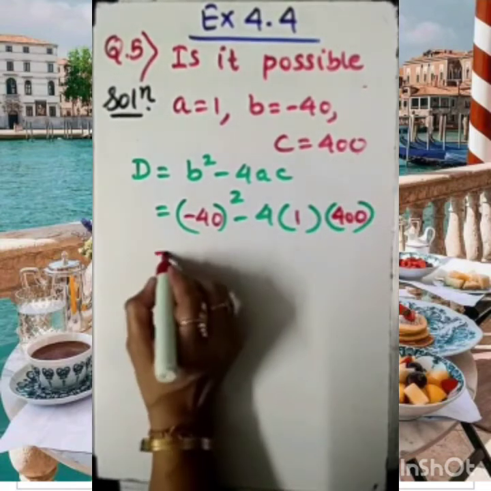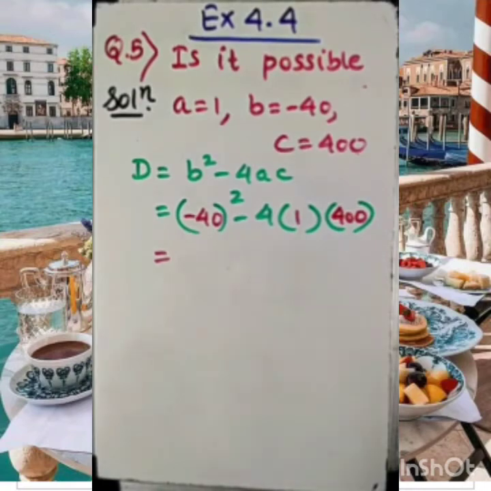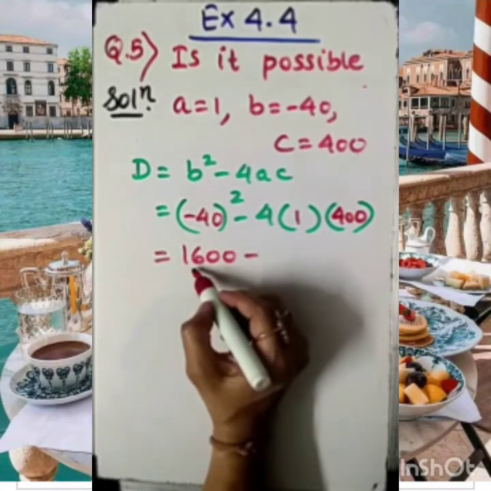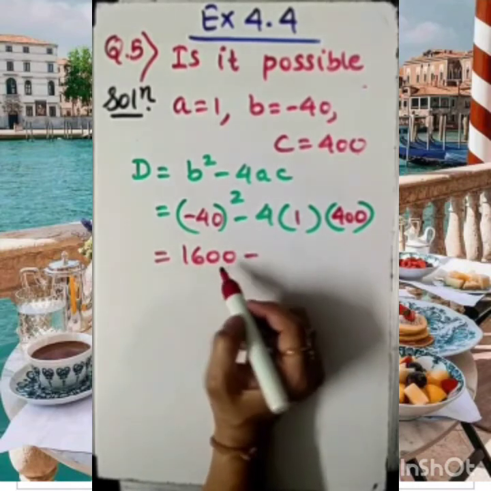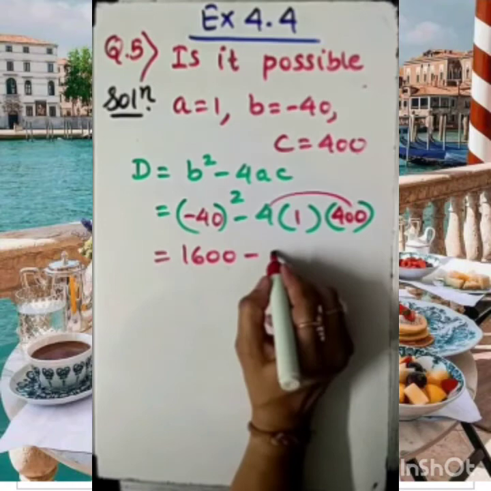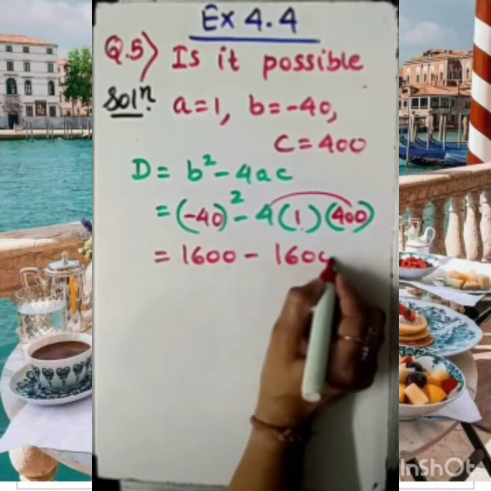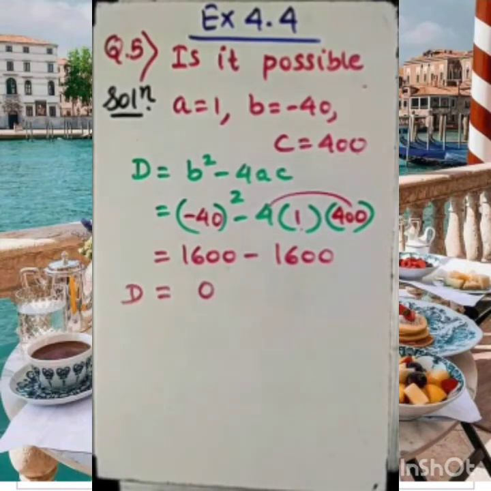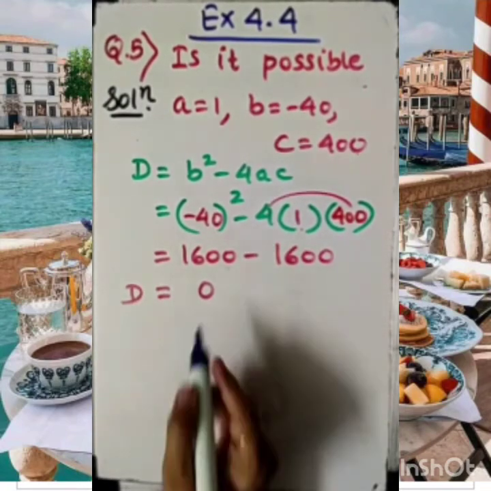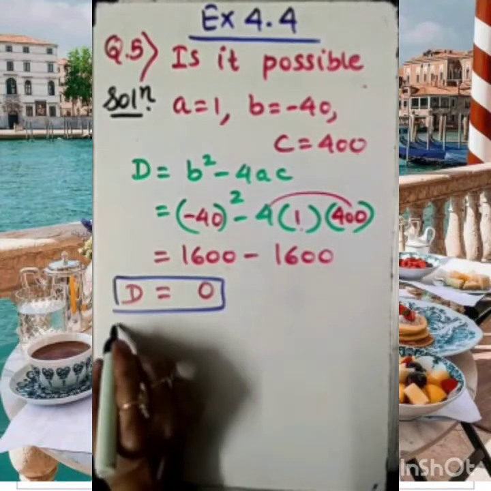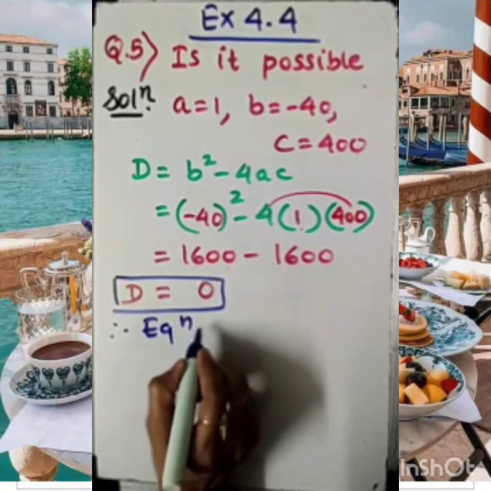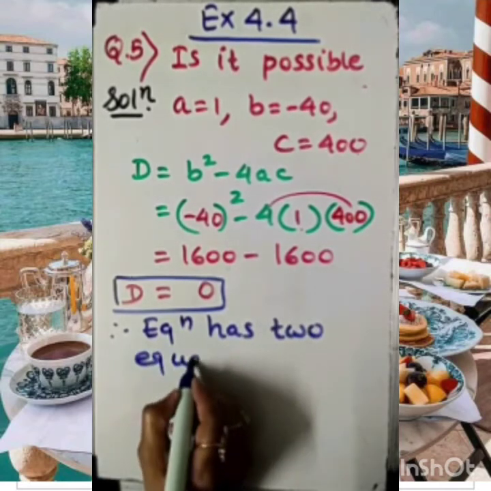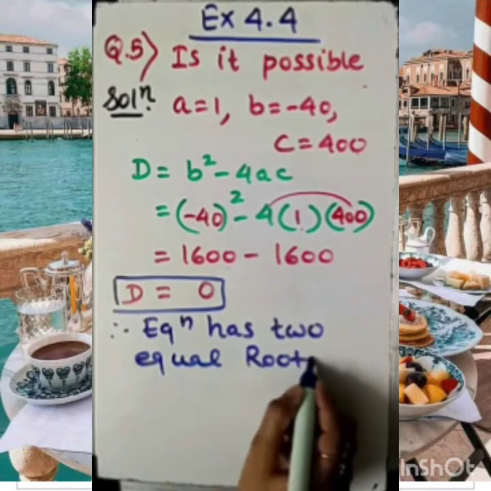Now minus 40 square is 1600, and 400 into 4 into 1 is also 1600. It will be 0, and very well, whenever the value of discriminant is 0, in such a case we can say the equation has two equal roots. Two equal roots.